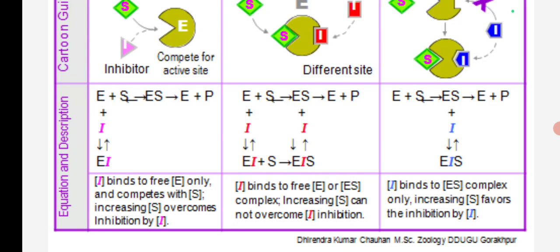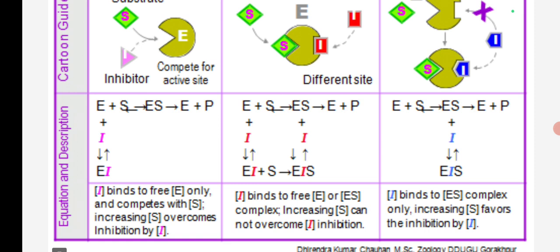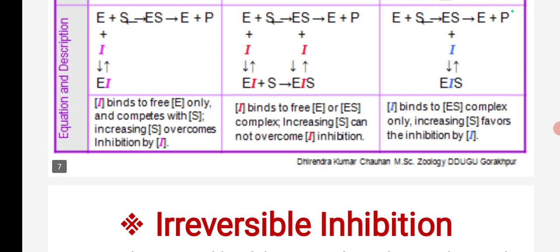Second one is non-competitive inhibition: the inhibitor binds to the free enzyme or the enzyme-substrate complex; increasing the substrate concentration cannot overcome the inhibition. Third one is uncompetitive inhibition: the inhibitor binds to the enzyme-substrate complex only; increasing the substrate concentration favors the inhibition by the inhibitor.